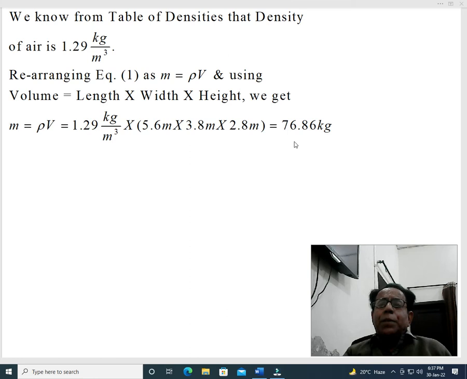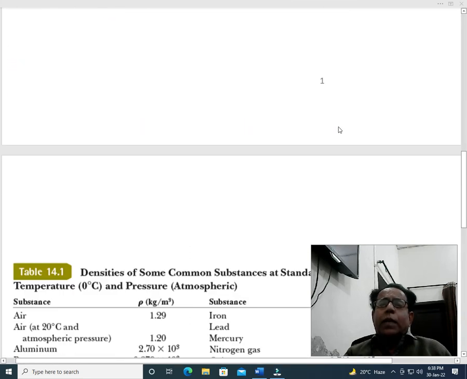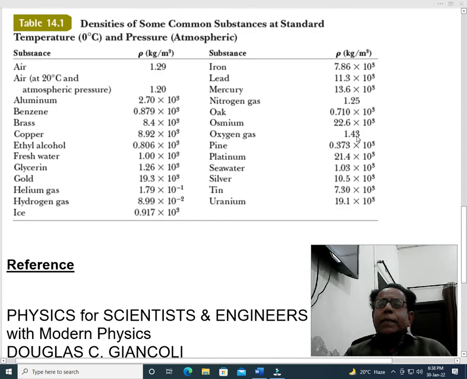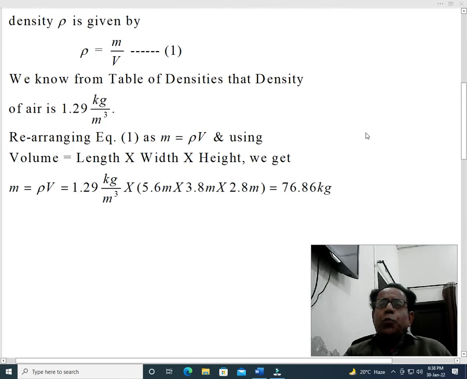Mass will become equal to 76.86 kilogram. This is the solution of our problem.